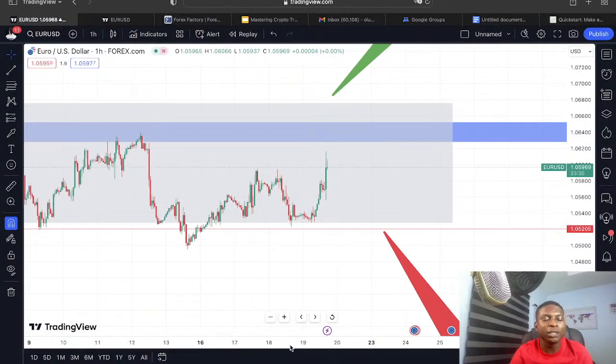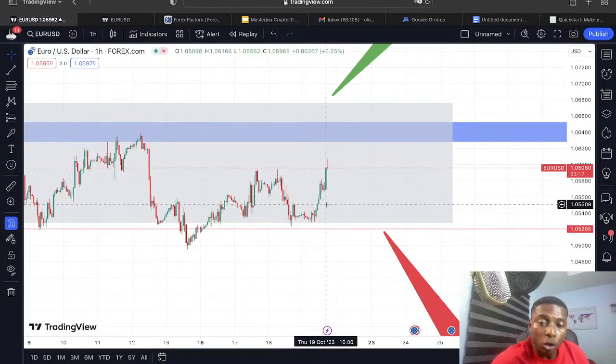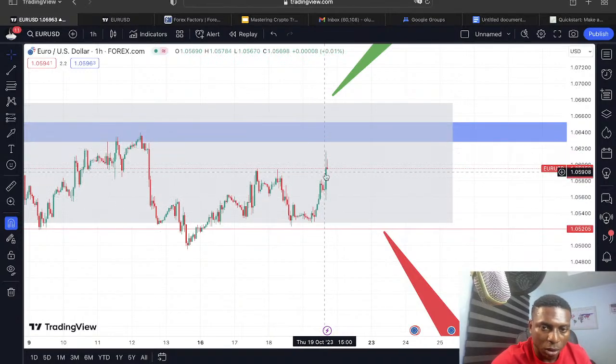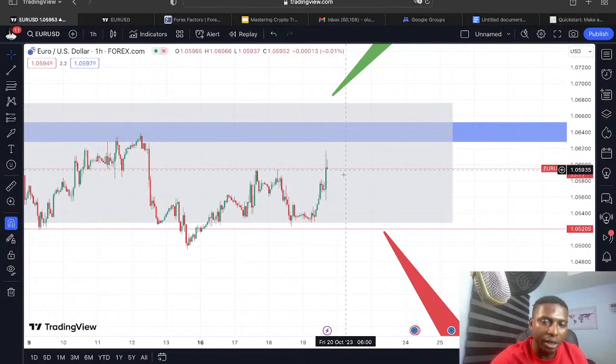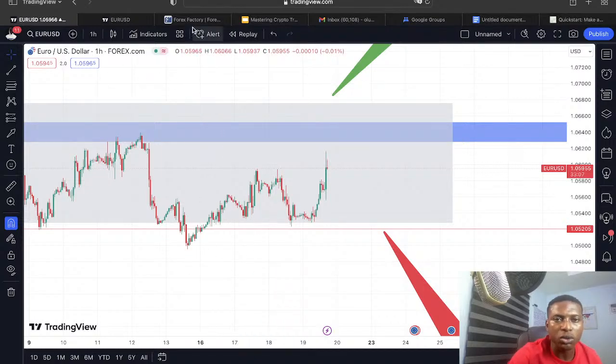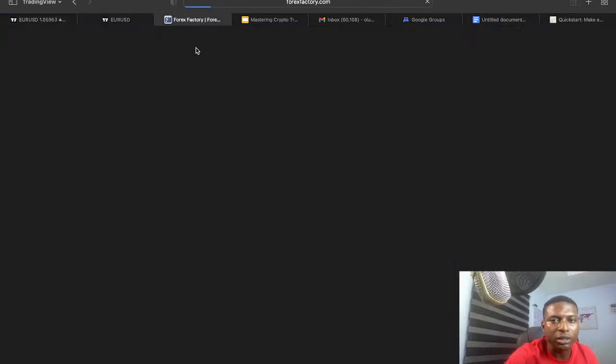The reason why I established previously that the lower time frame gives us a clearer perspective into what is currently happening is this: you can see a quick spike that went up in an unusual way. This quick spike here is a result of the news that came out a few minutes back.